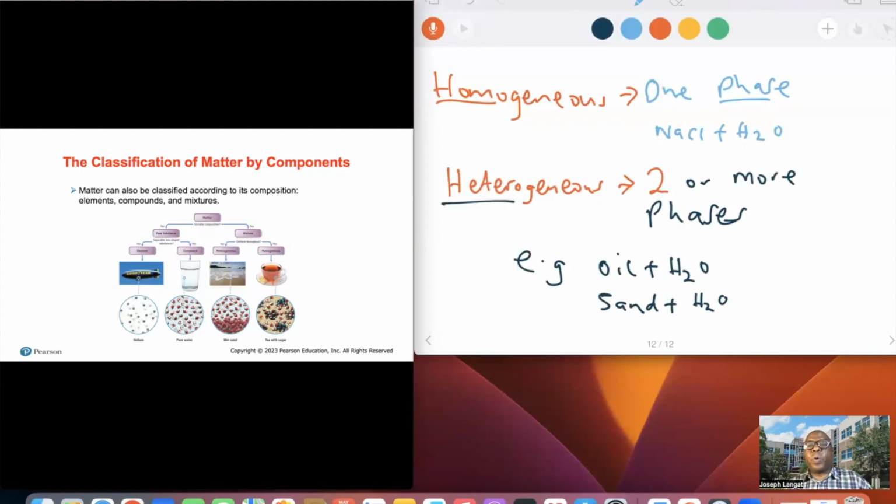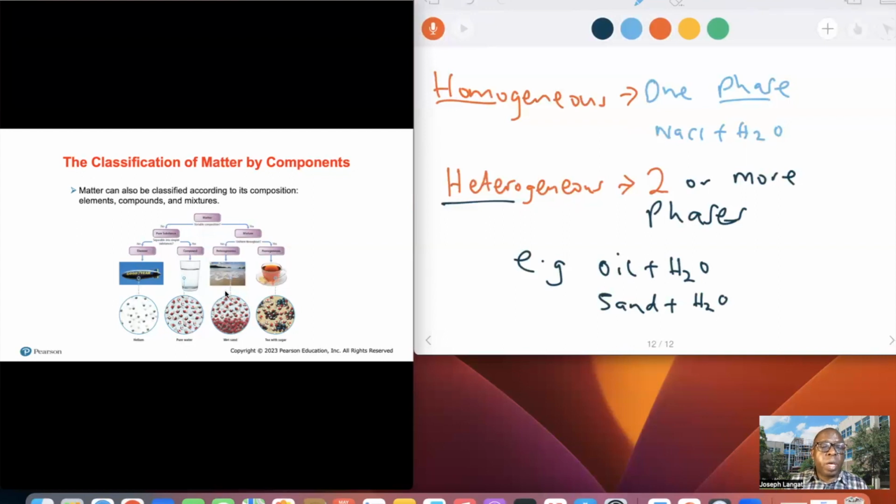You can have two layers or more than two layers. You will not be given a list of all homogeneous or heterogeneous compounds. All you have to do is understand what heterogeneous and homogeneous mixtures mean, so that when given a specific mixture, you can classify it as heterogeneous or homogeneous.